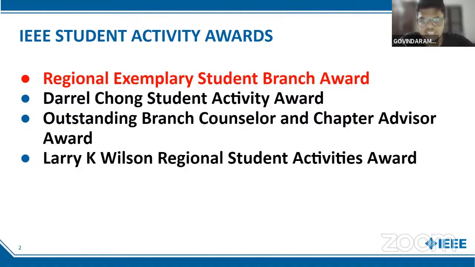One is the Regional Exemplary Award, which is for student branches. Every student branch is eligible for this award if you have done a certain amount of activities and follow certain criteria. The next one is the Darrell Chong Student Activity Award.